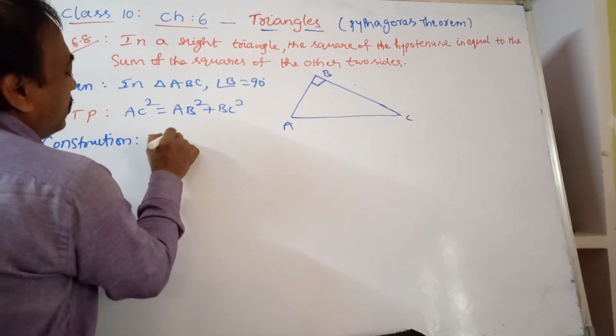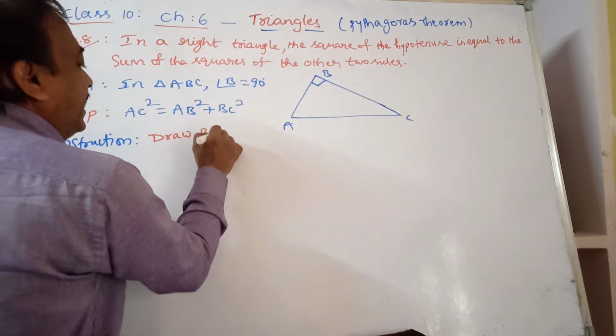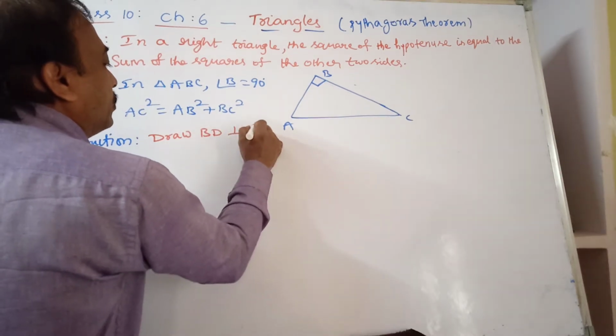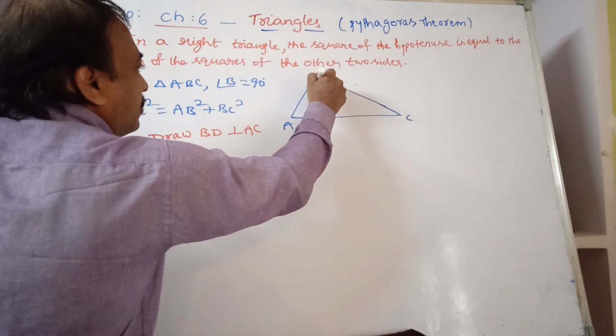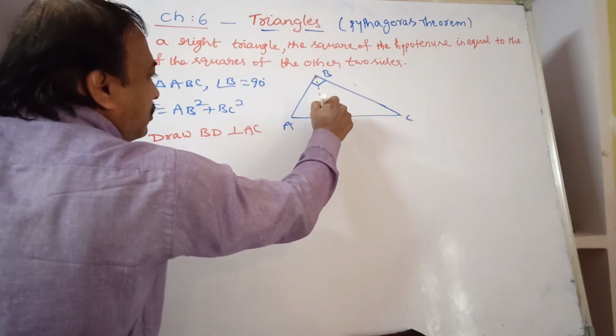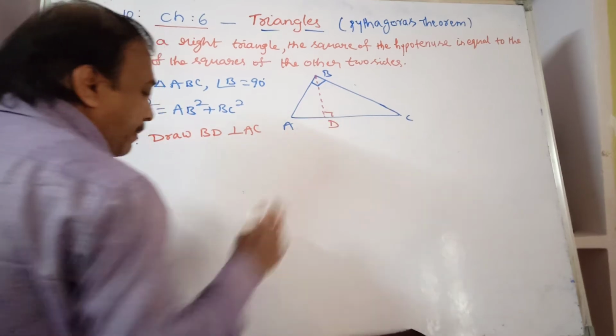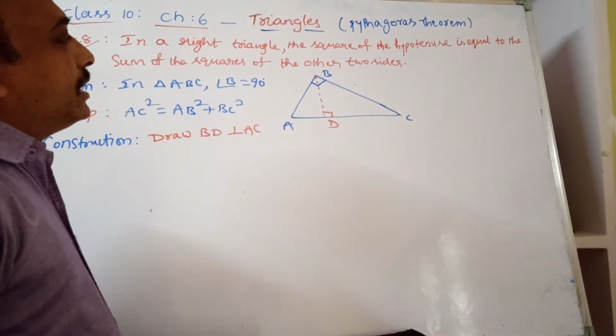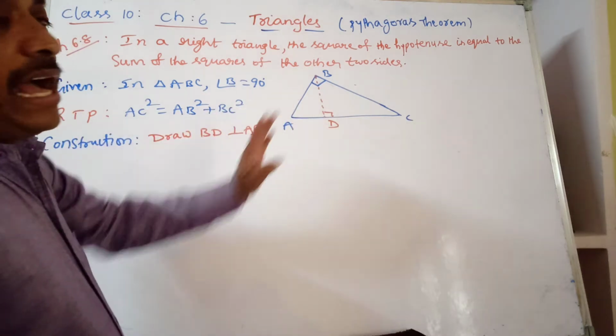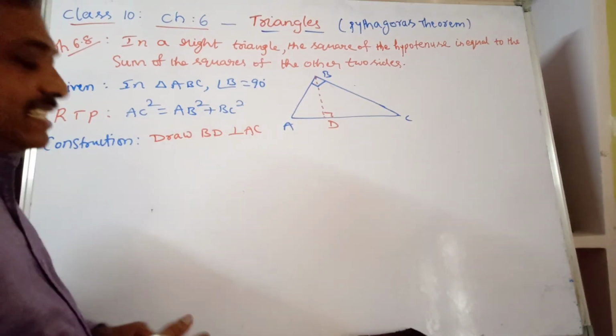So draw BD perpendicular to AC. Now in this, as in the previous theorem, we proved the triangles are similar.